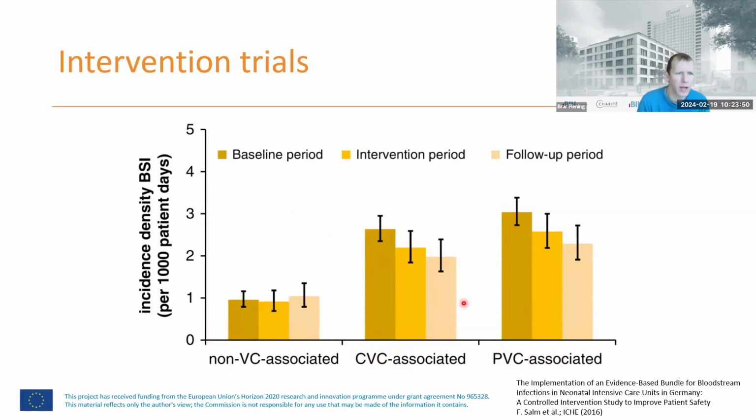So when being part of a surveillance system, you can also take part in an intervention trial, and the data collection for the infection outcomes more or less happens on the side, because it is already part of the surveillance you are performing on a routine basis.